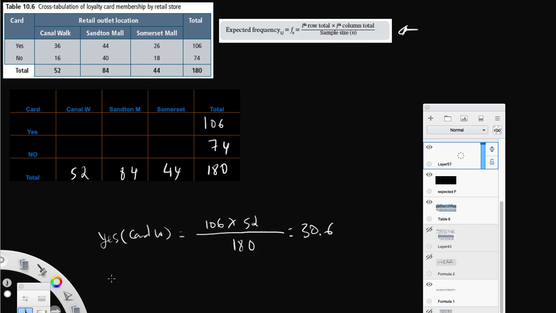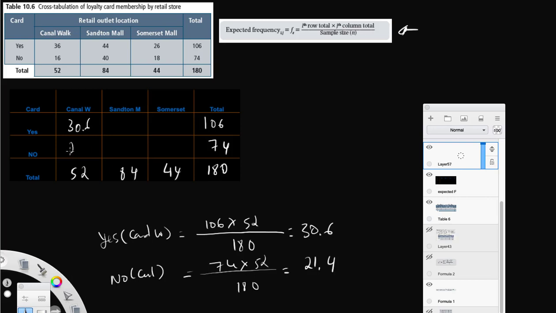If I do the same thing with no in Canal Walk, I have 74 times 52 divided by 180, which is equal to 21.4, and I'm going to write those here.